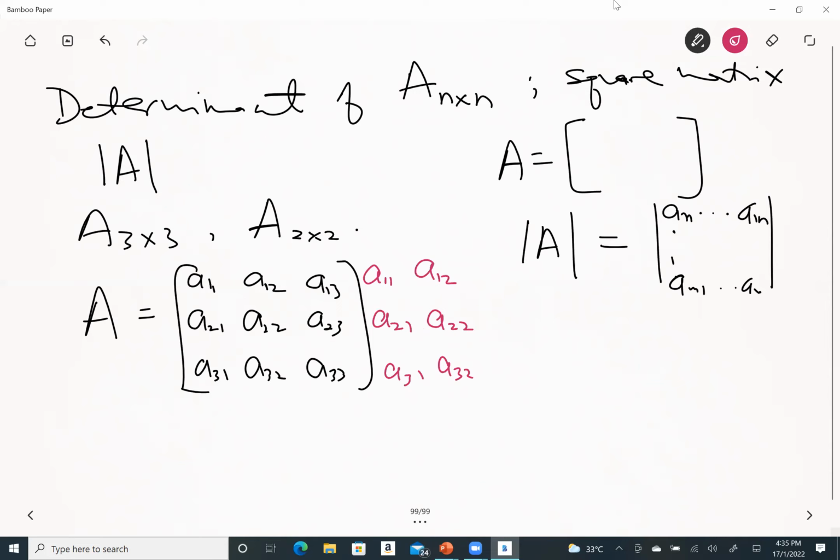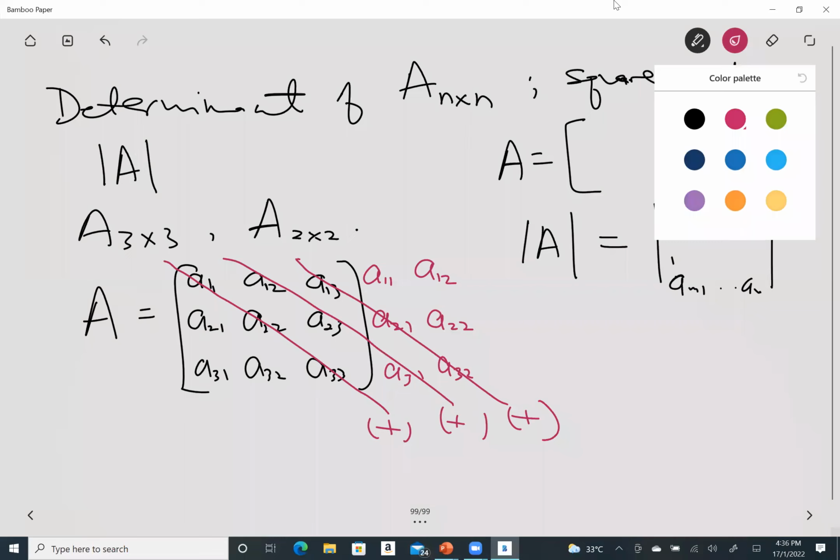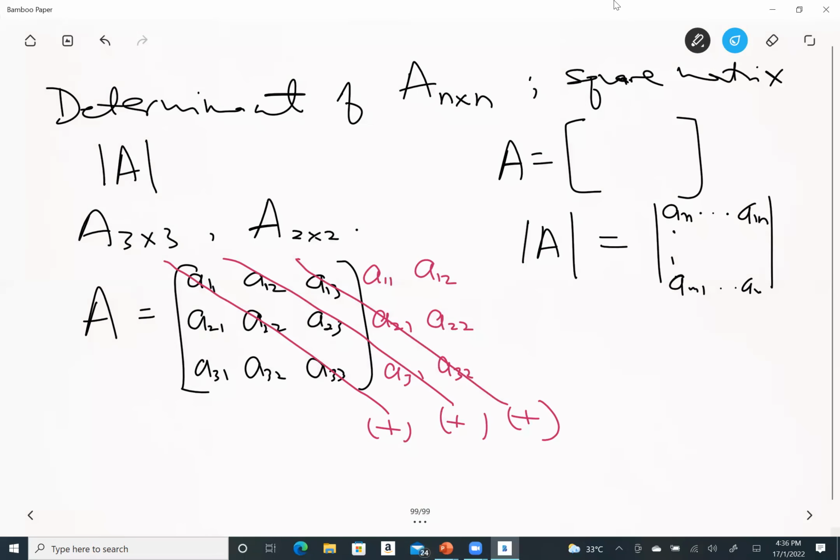Next, after this expansion, you multiply the terms in the principal diagonal and add them up. There will be 3 of them. Then you multiply the terms in the other diagonals and subtract.